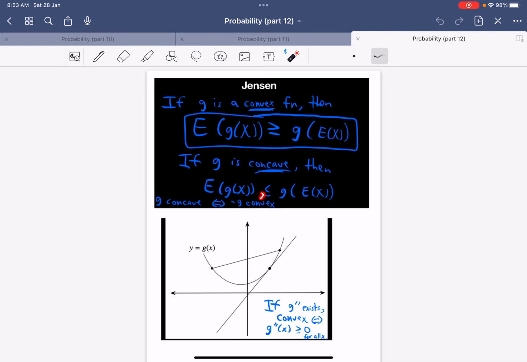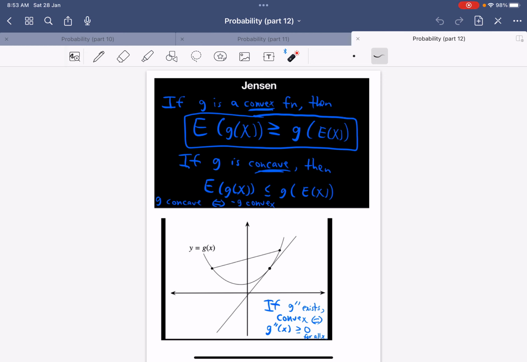The reason why this works when G is concave is that when G is concave, it means minus G is convex, and then the minus sign can be taken out of the expectation, and when you cancel out the minus, you reverse the inequality. So we only need to prove one case.